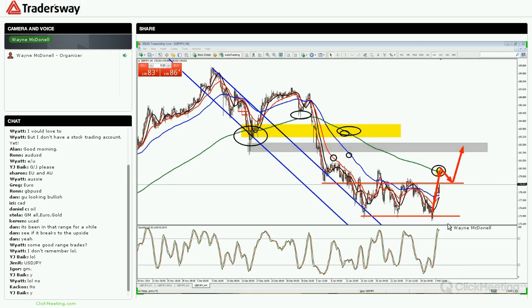We're up here, we have a higher high on the small time frame, but we don't have a higher high on this larger time frame, do we? The price could rise all the way up to this gray zone and then have no problem falling.